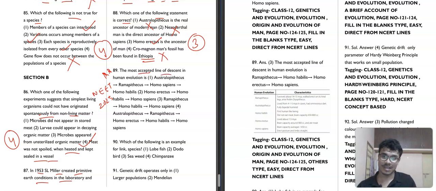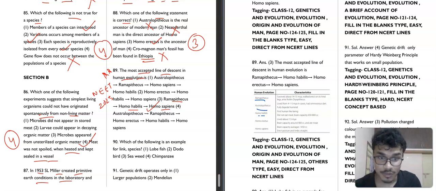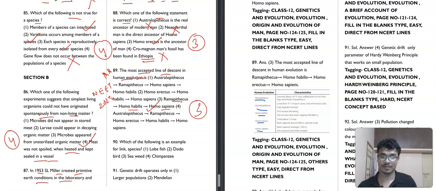So the most accepted line of descent in human evolution is Australopithecus, Ramapithecus, Homo sapiens, Homo habilis. No. Homo erectus, Homo habilis. No. Then Ramapithecus, Homo habilis, Homo sapiens. Absolutely correct. Although in between we have Australopithecus, Ramapithecus, Australopithecus, Homo habilis, Homo erectus, then Homo sapiens. Okay, so the third option is our correct answer.